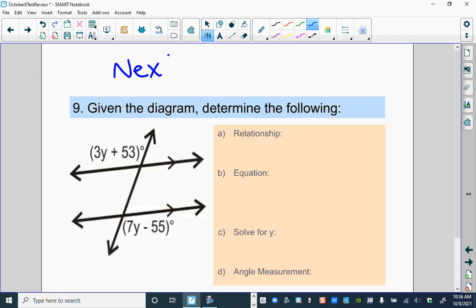The only part I'm going to ask: what would be the relationship of these two particular angles? What's our relationship here? Who could tell us the relationship between these two angles?